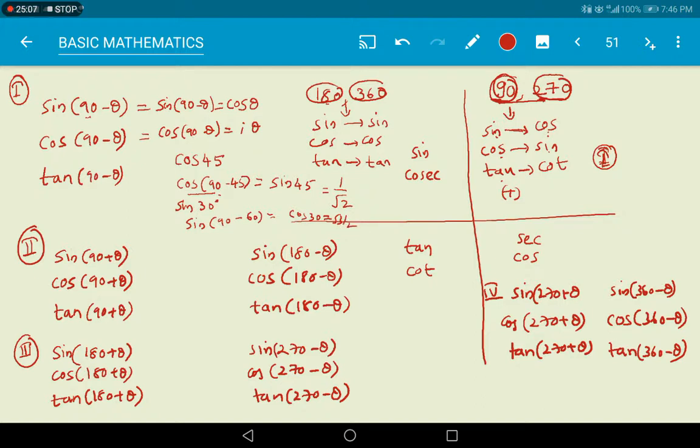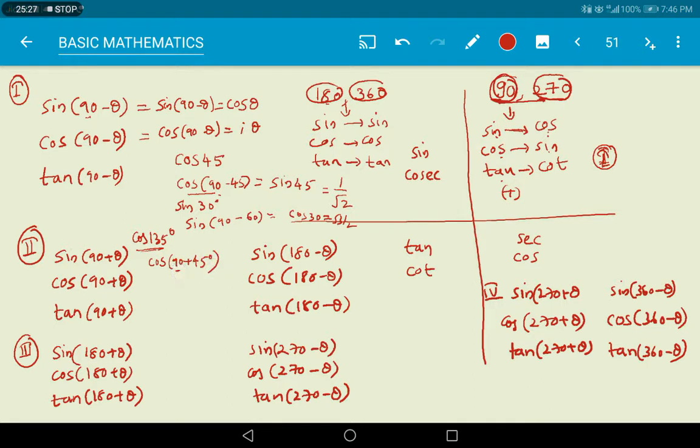So in the first quadrant we won't get any problem, but we are getting the problem in the second, third and fourth quadrants. They give, find the value of cos 135. So cos 135, how to write? Cos of 90 plus 45.